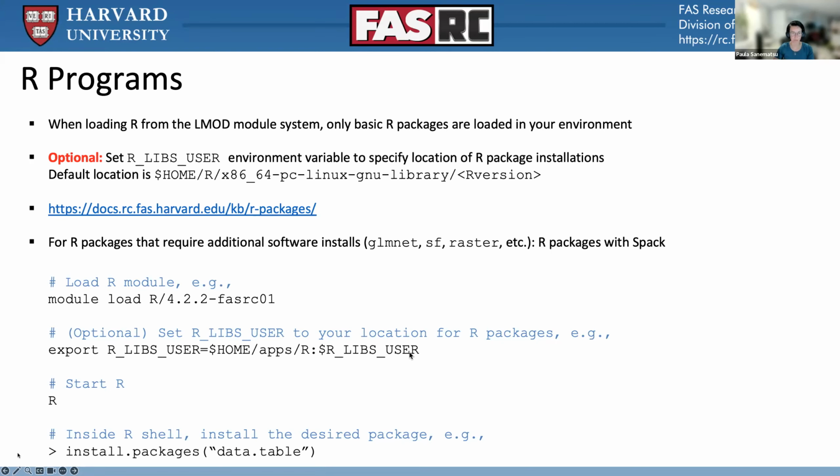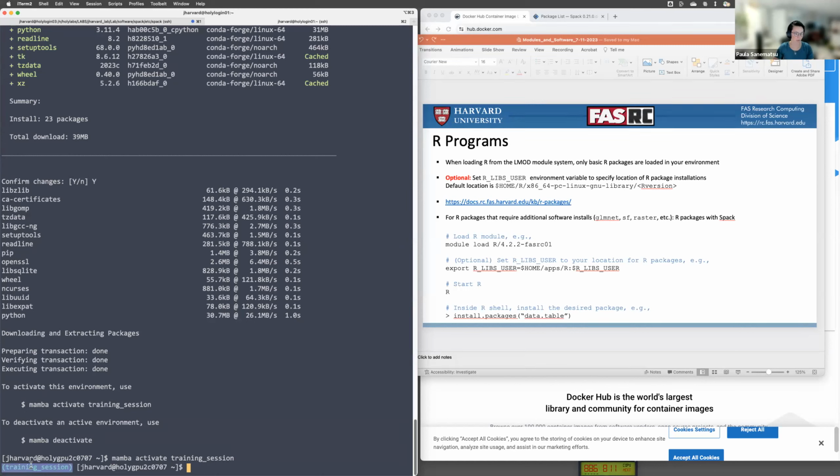Let me see. So now, yeah, the Conda environment is done, and to activate, it tells you what to do: mamba activate training session. What you would see here is that when you're inside a Conda environment, its name is in parentheses ahead of your prompt.